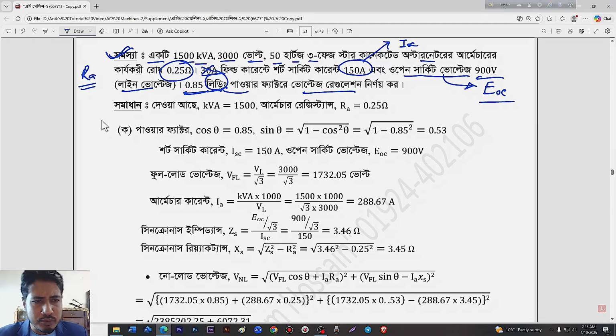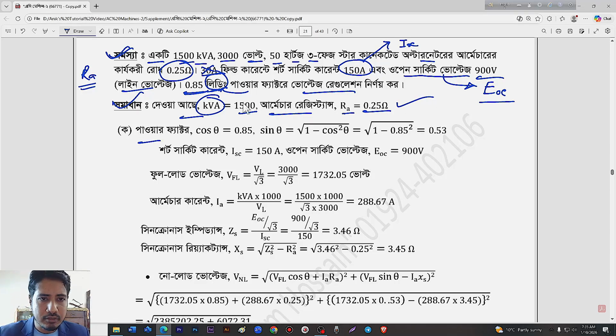Okay, let's start the solution of this math. Given kVA equals 1500, effective armature resistance RA equals 0.25 ohms, and power factor cos theta equals 0.85.